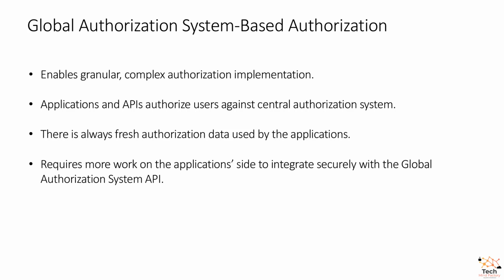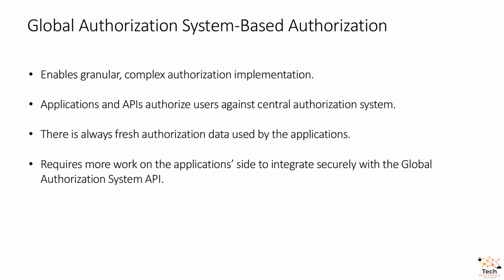This requires more work on the application side to integrate securely with a global authorization system API. I'm not saying it's trivial, because it's not. That's why very often there is this conversation about token-based authorization, like, okay, let's include some authorization data in the token and let the application just access it and easily validate whether the user is authorized or not.